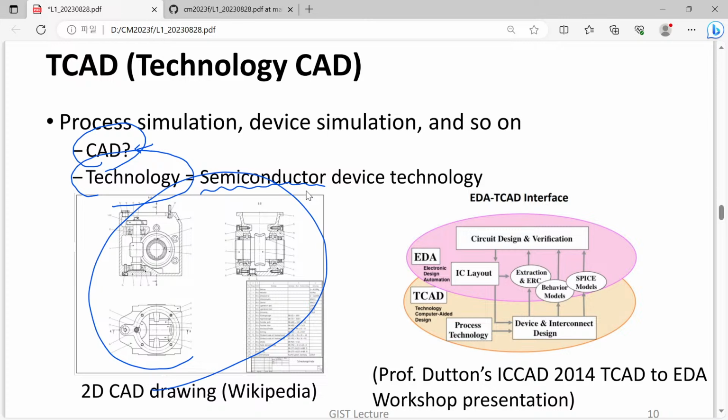Of course, you may say that technology is such a general terminology. How can we say that semiconductor device technology is technology? So yes, you are right. This is not a very specific name, but anyhow, everybody in this field is using the term TCAD. So we will just follow the naming convention.